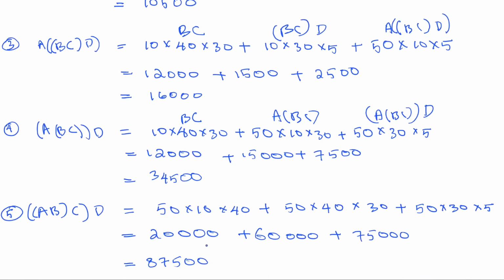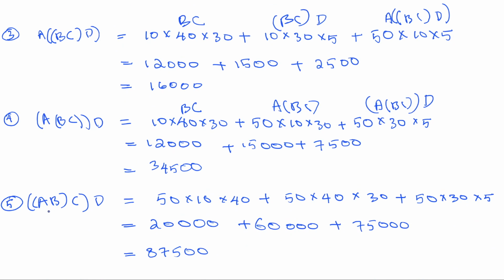And similarly, in the last case, we can first multiply AB, then multiply that product with C, then multiply that product with D. The total number of multiplications for AB is 50 into 10 into 40. Then for AB into C, this will be the number of multiplications, and at the end, AB into C into D, this will be the number of multiplications. If you calculate the numerical value, this will be 87,500.